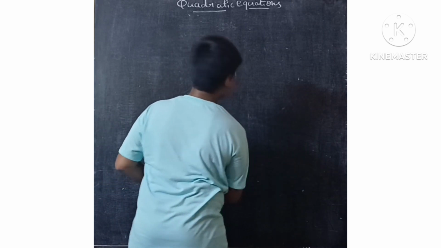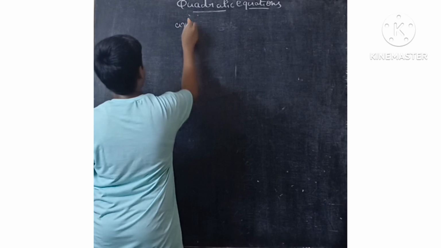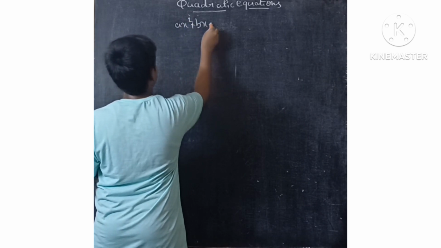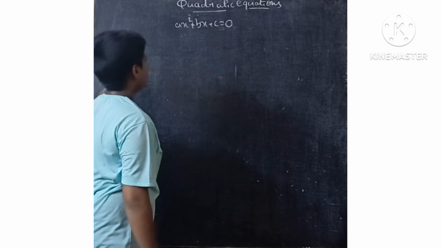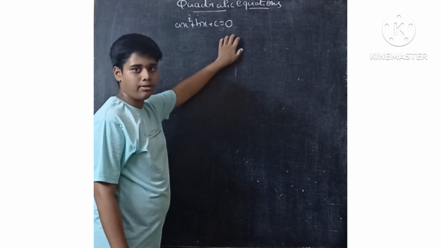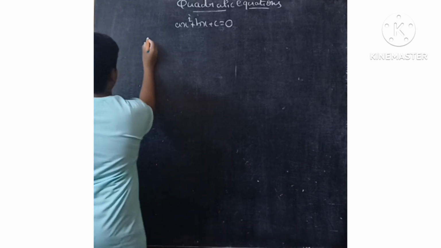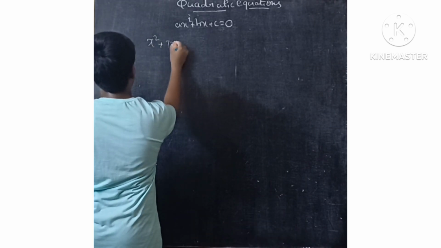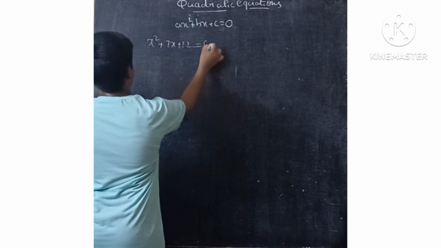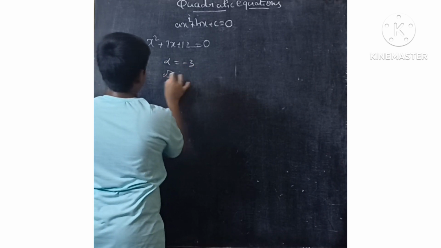So what is the need of finding the roots means, so in this ax square plus bx plus c equal to 0, for becoming this value, the whole value becoming 0, that is known as roots. Okay, so if we take example x square plus 7x plus 12 equal to 0, in these two roots, alpha is minus 3, beta is minus 4.